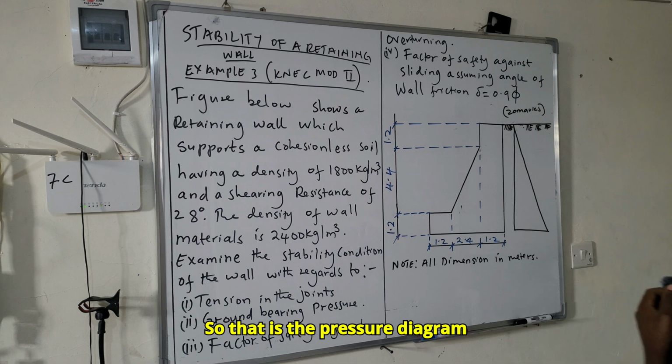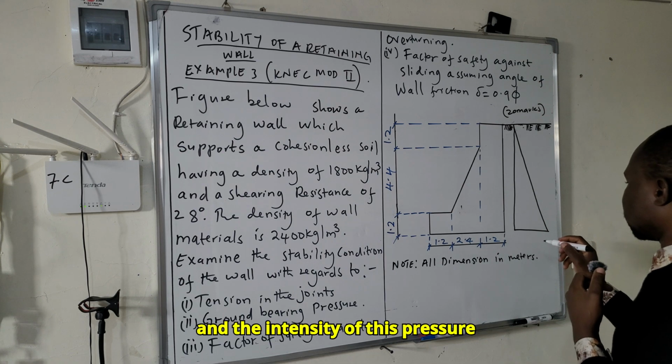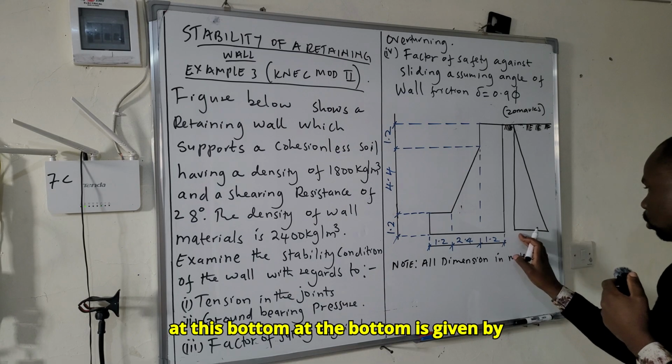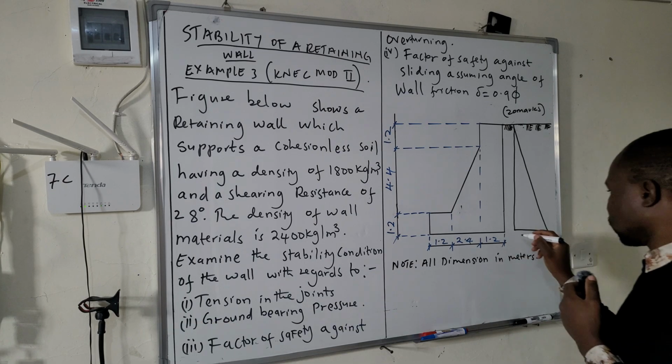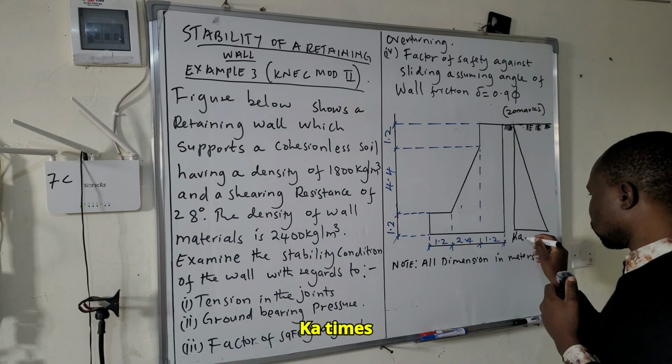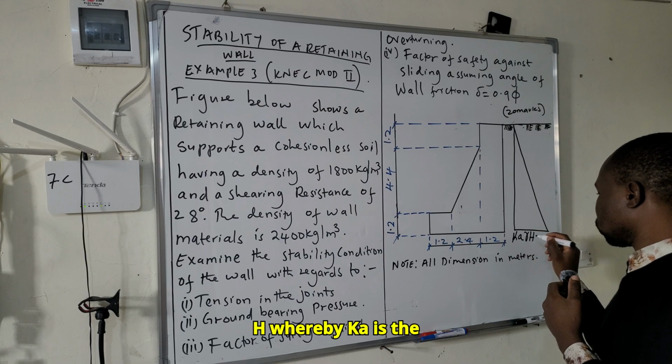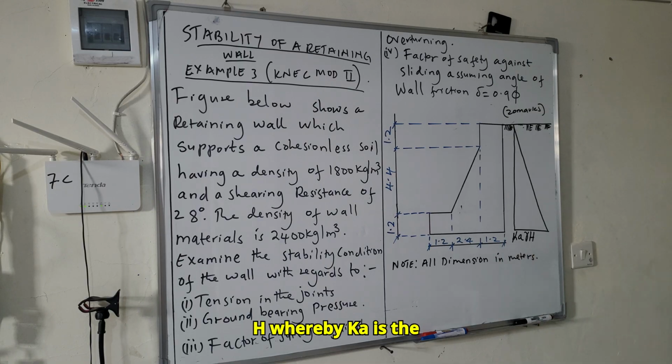That is the pressure diagram, and the intensity of this pressure at the bottom is given by Ka times unit weight of soil times H, whereby Ka is the Rankine's coefficient of active pressure.